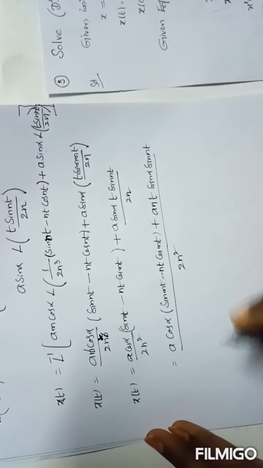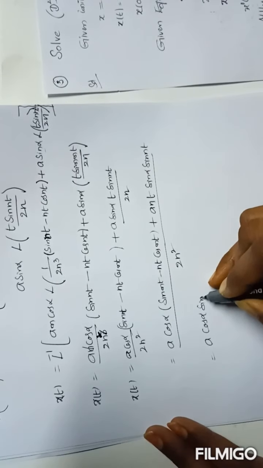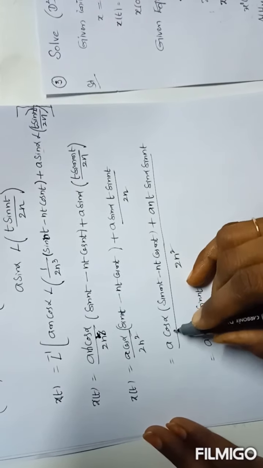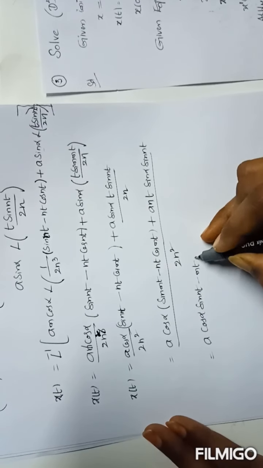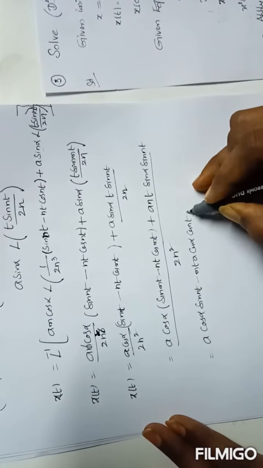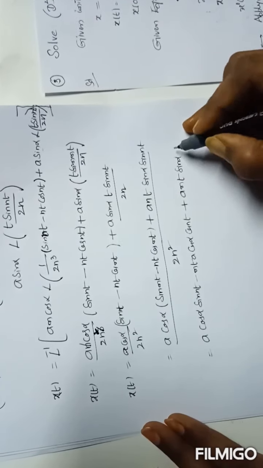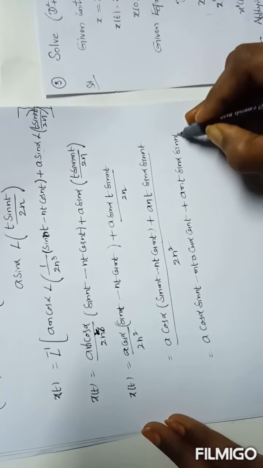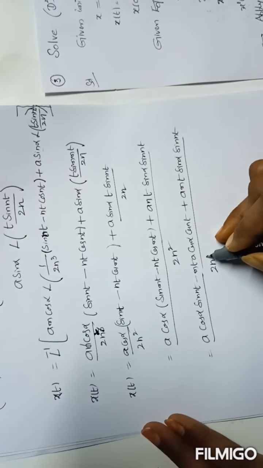Now a cos alpha sin nt, just enter this term into the bracket: minus a n t cos alpha cos nt plus a n t sin alpha sin nt, whole divided by 2n square.